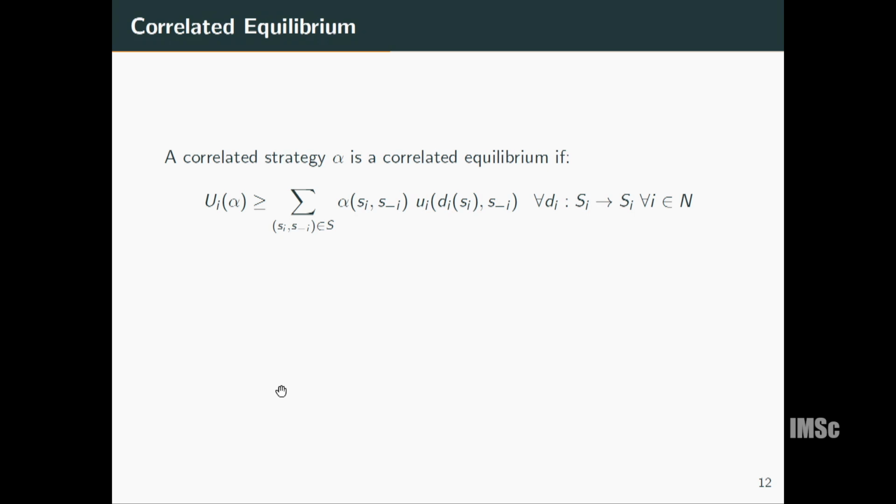So, when I say Di(si), this could be any other strategy. So, Di is a function from capital Si to Si. So, Ui(Di(si), s-i) denotes the utility of player i when he would have deviated from si, whereas the other players are playing according to alpha.